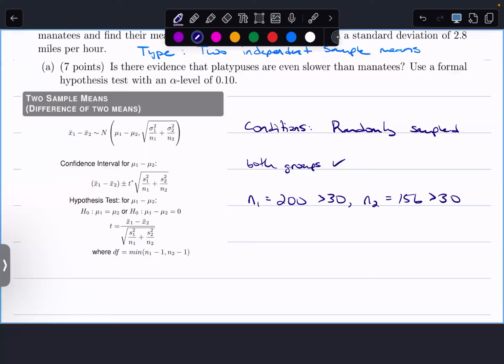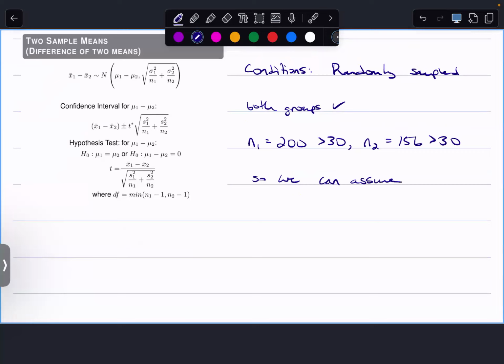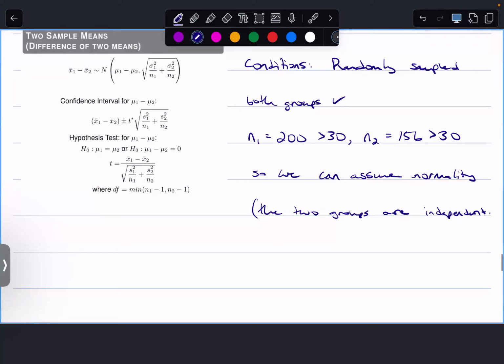So we can assume normality. And the two groups are independent of each other. But we take care of that condition in picking the type of question, right? That should have been up here, I guess.